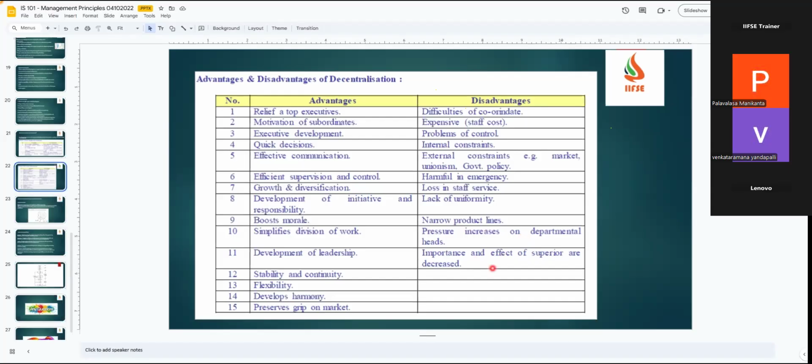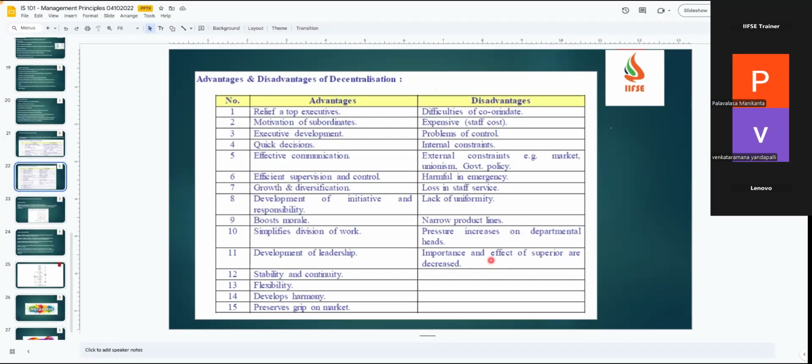Then, the importance and effect of the superior is decreased. Not supervisor, superior. Why does it decrease? Because they have given the authority and decentralized it.